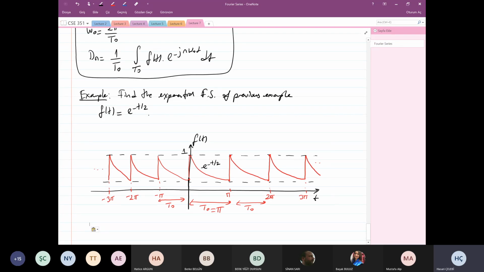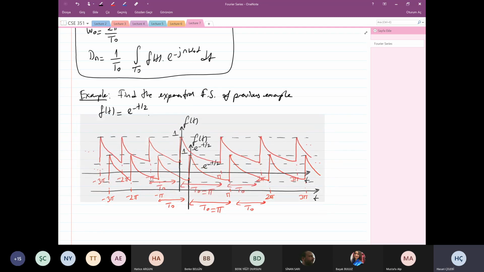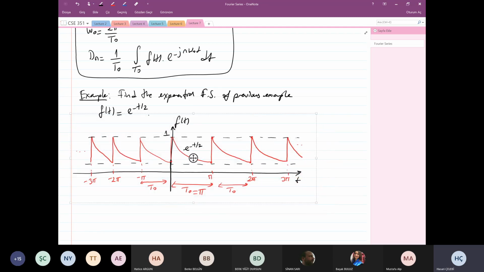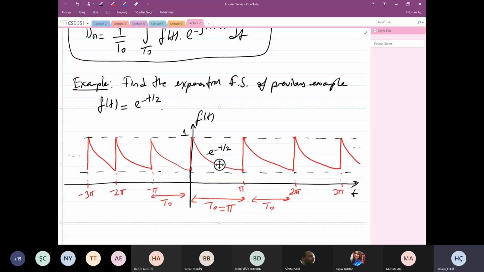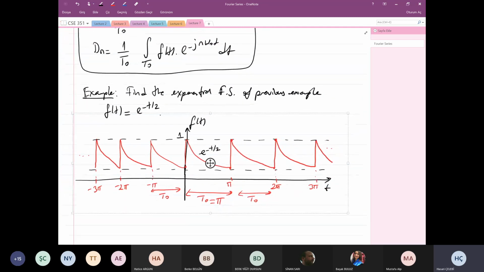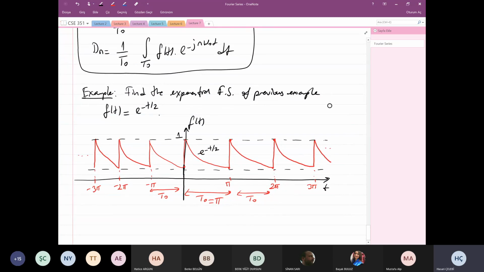Okay. You remember this one, right? Find the exponential Fourier series of this previous signal, the signal in the previous example.